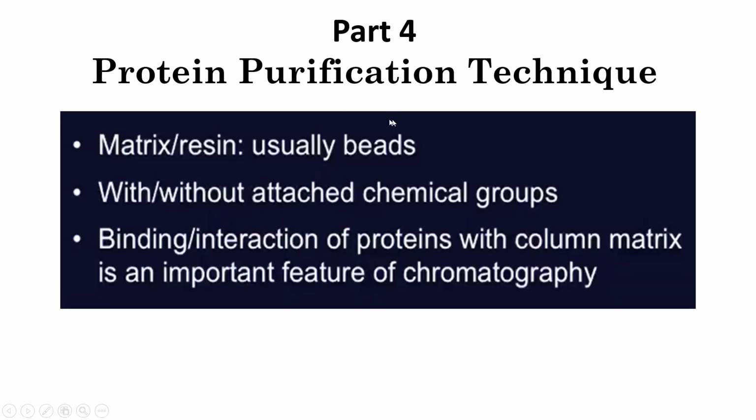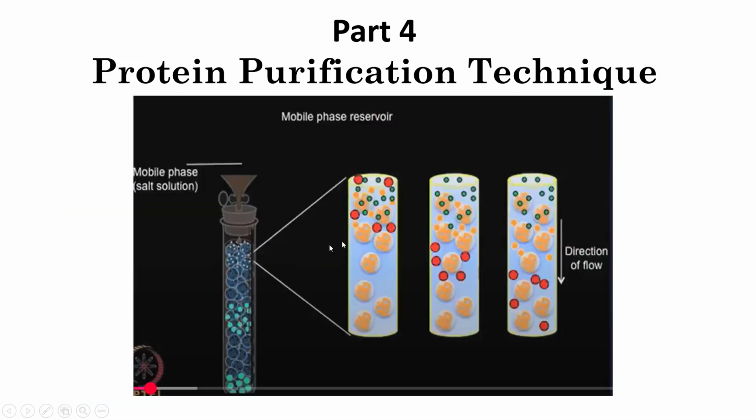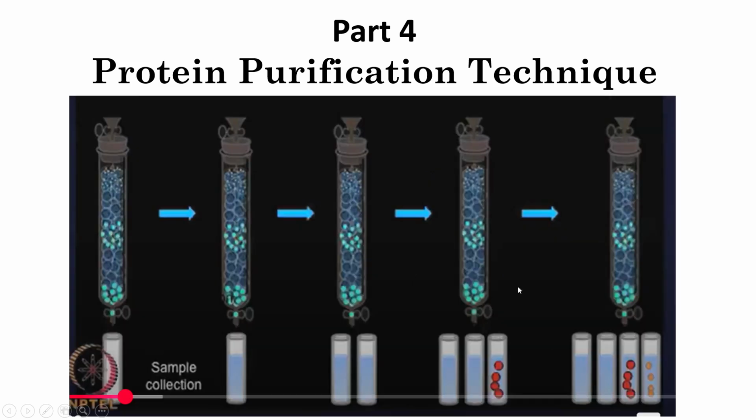So the matrix contains beads, and according to the technique, the beads will change. And a chemical group is generally attached, depending upon whether your affinity or non-affinity type of chromatography works. One is gel filtration, also called gel size exclusion. As I said, the smaller one will go inside, the bigger one will come out first, and the smaller one will come out later.